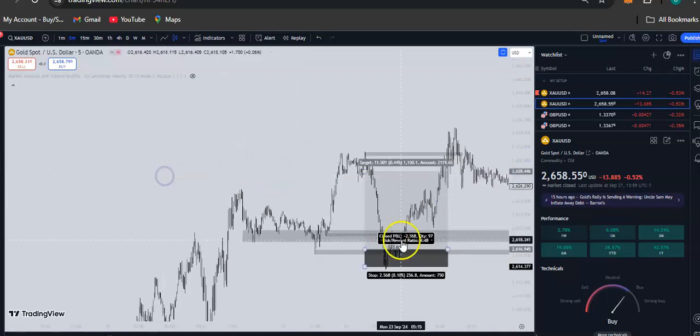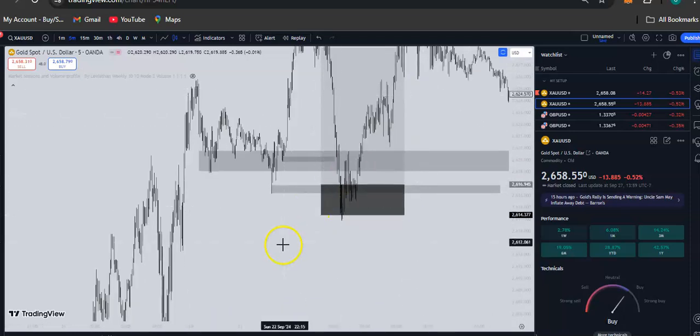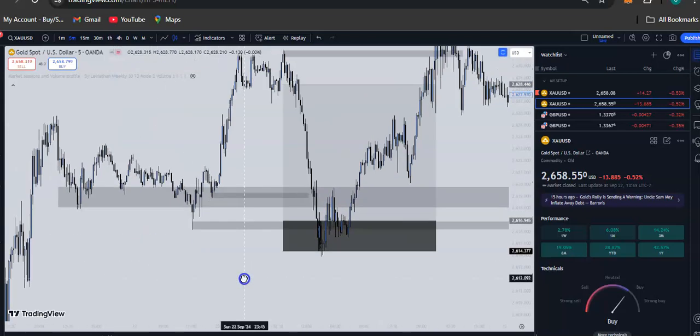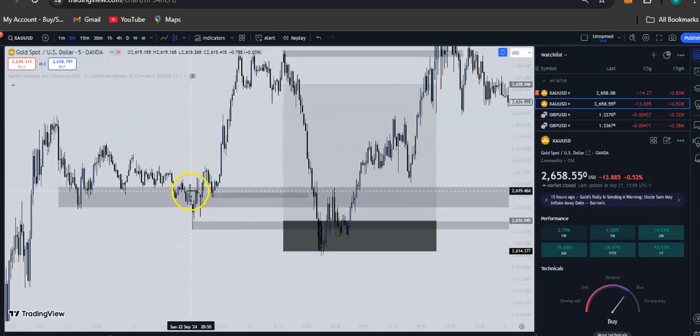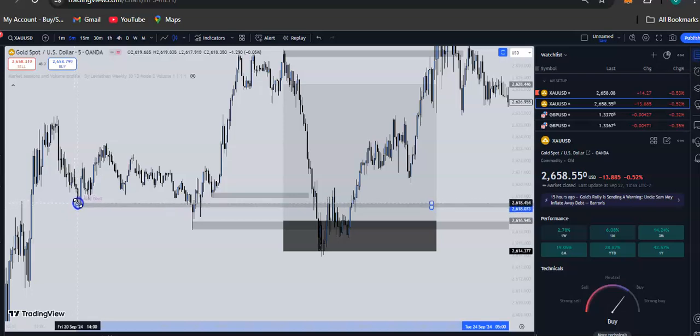Now it is a question of which continuation pattern we want to use. As we can see right here, price printed this QML, which it mitigated before it expanded to the upside, and then price printed this QML, which is more like a bigger picture.